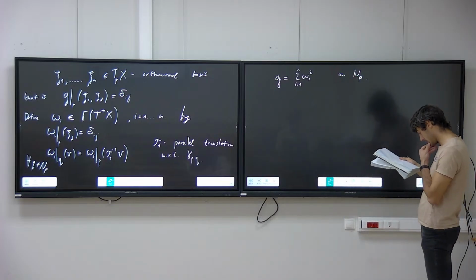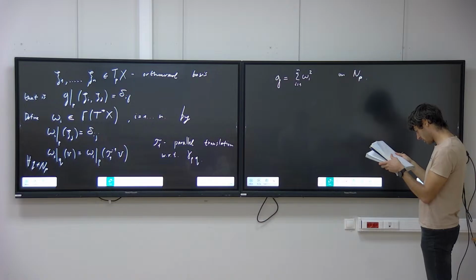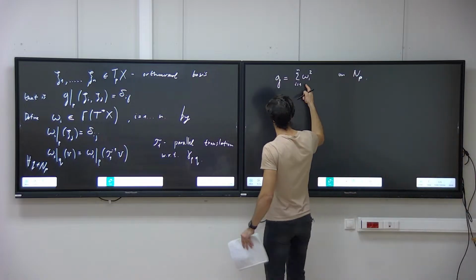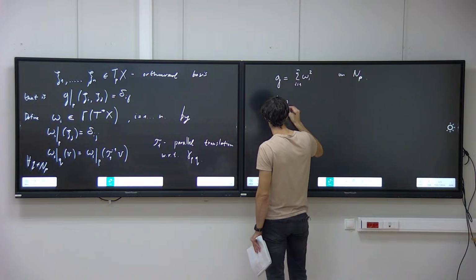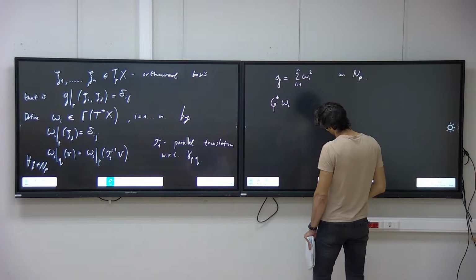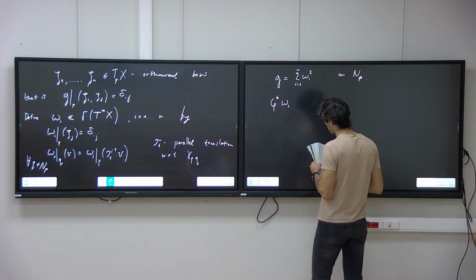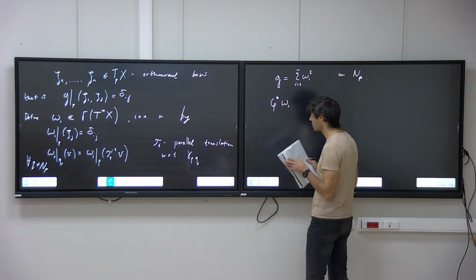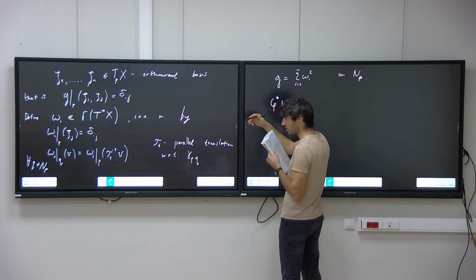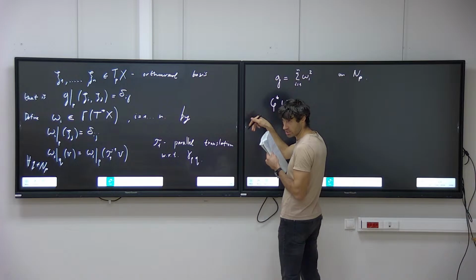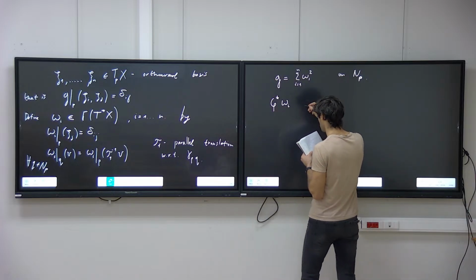Okay, so let's continue. So now I need actually to compute phi star of omega_i. So this is a one-form on N_0 minus 0, without 0, right?